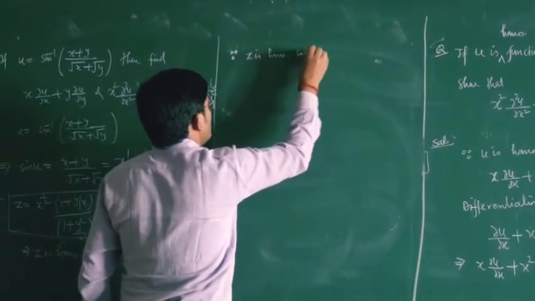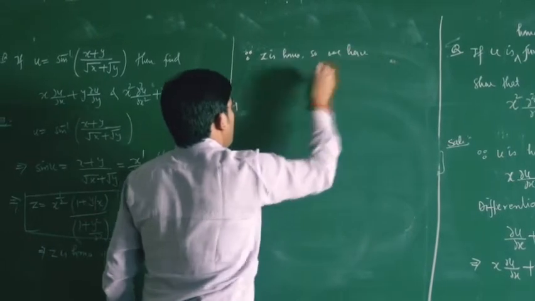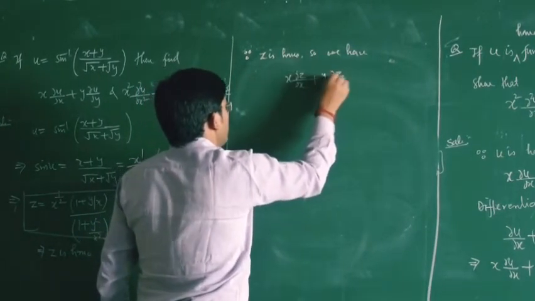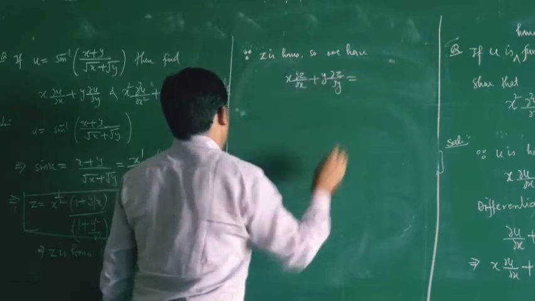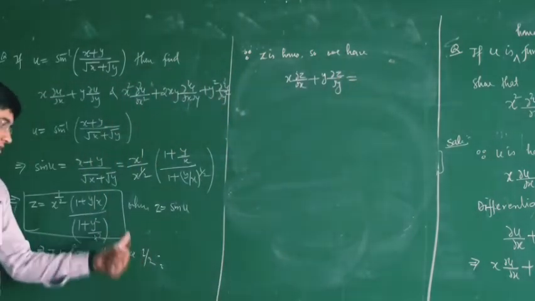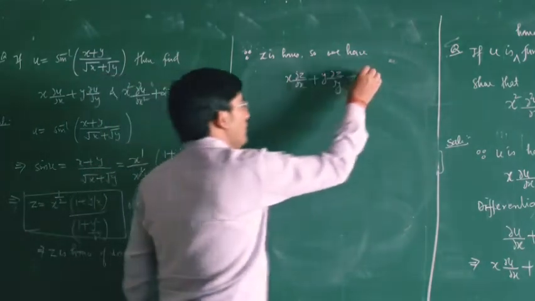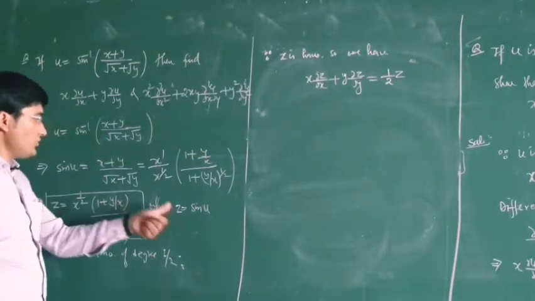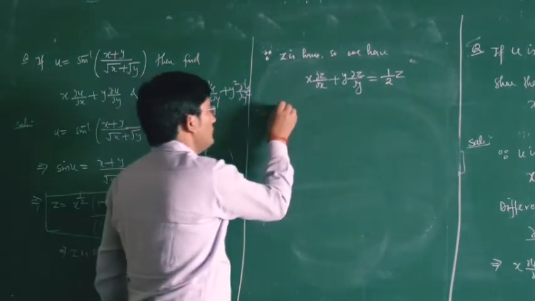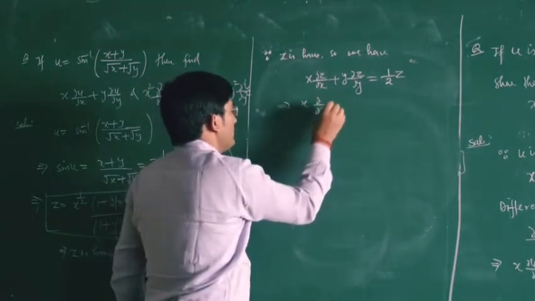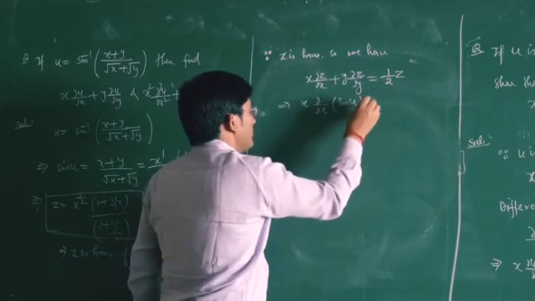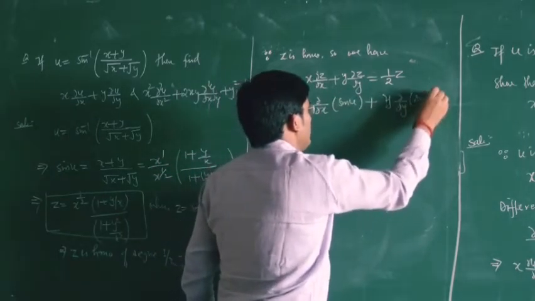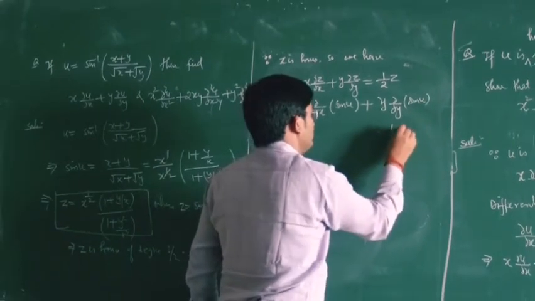So we have x del z upon del x plus y del z upon del y equal to the degree of this z, which is half, so this will be equal to half into z. Now as z is sin u, let us put the value of z. So we have x into del by del x of sin u plus y into del by del y of sin u equal to 1 by 2 into sin u.